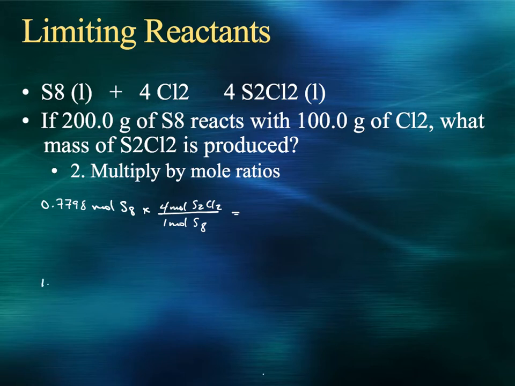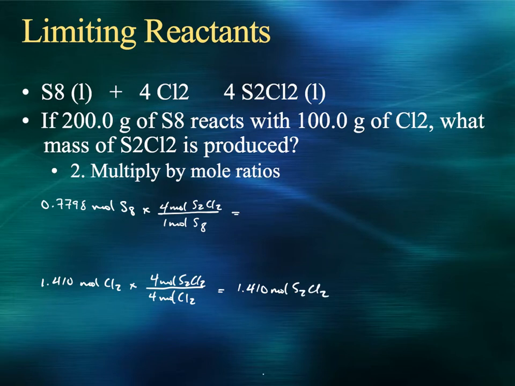Down at the bottom, we had 1.410 moles of Cl2 times that ratio. So we'll put the 4 moles of Cl2 on the bottom and the 4 moles of S2Cl2 on the top. Okay, the bottom one's easy because that's just the same value, 1.410 moles of S2Cl2.